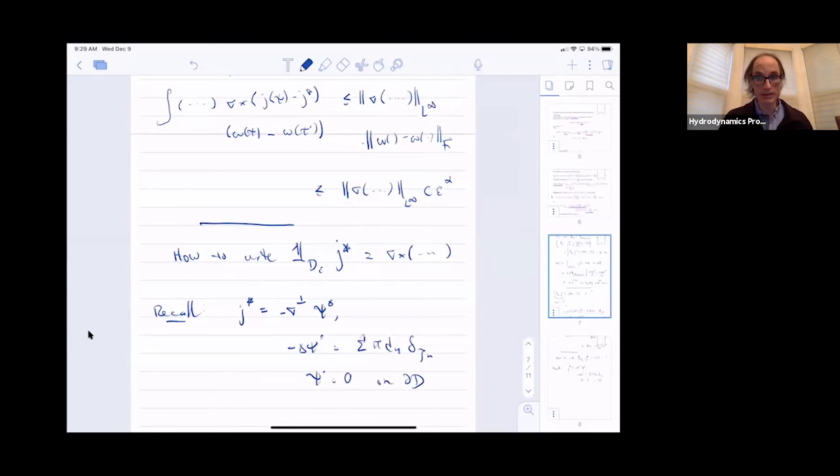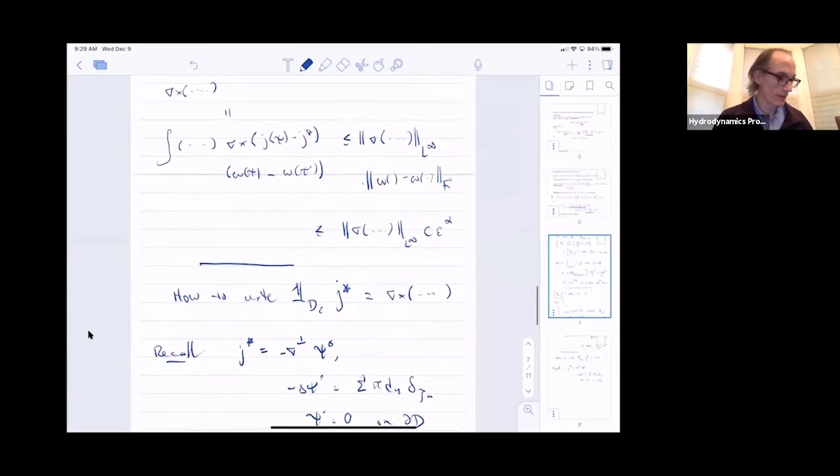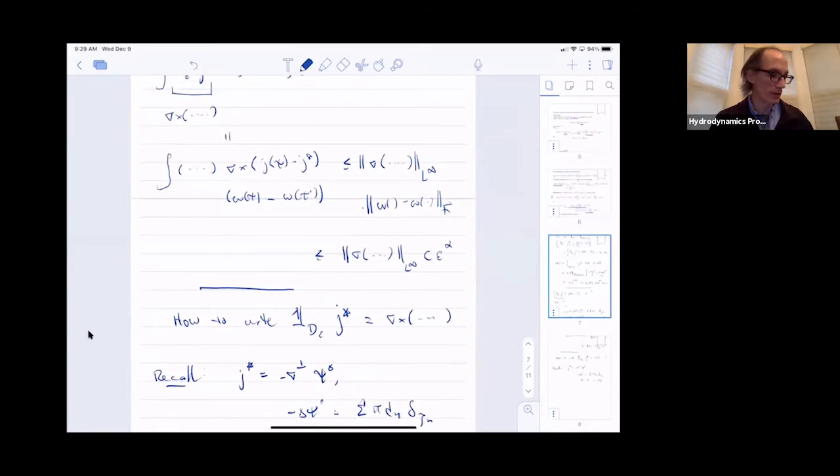The boundary condition is nice because I need vanishing when I use this definition of the flat norm up here, which I did. I need test functions to vanish on the boundary, and so I have that here.